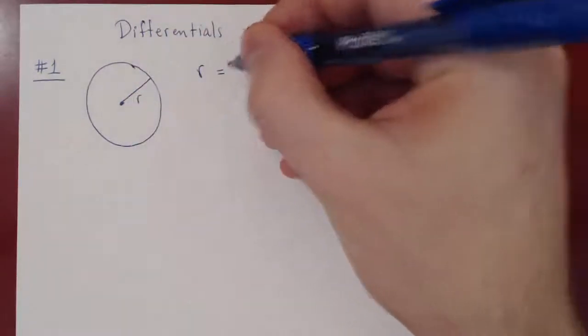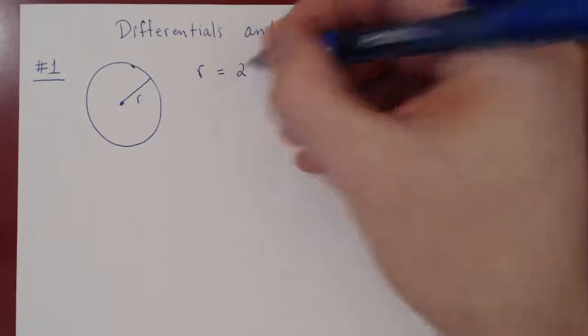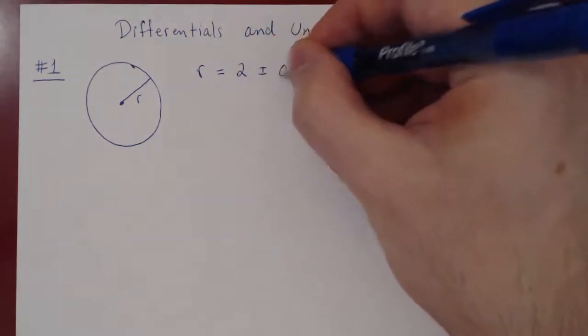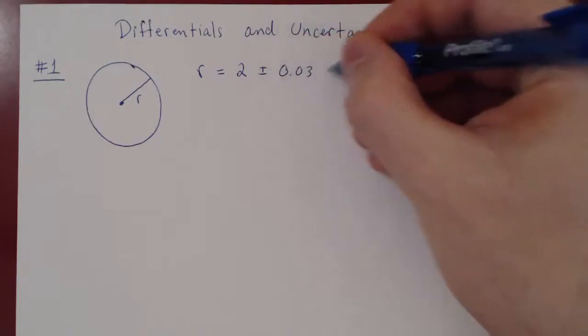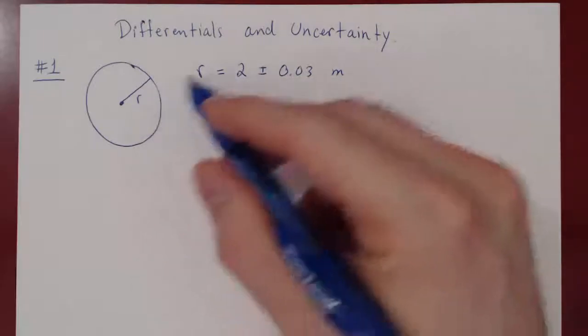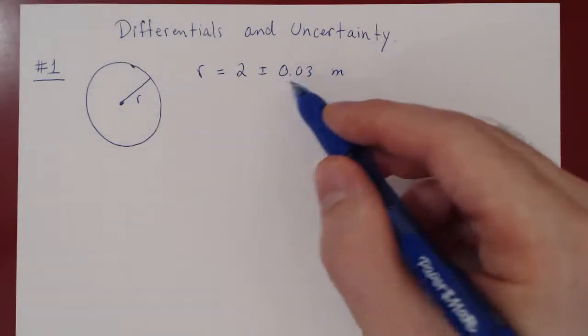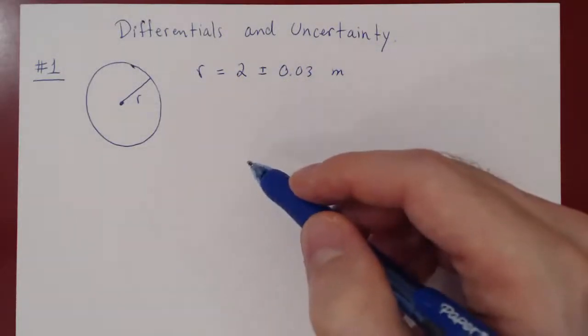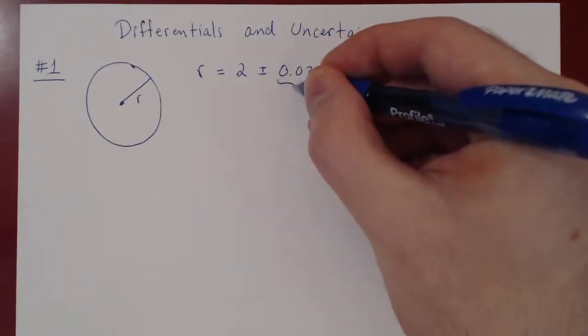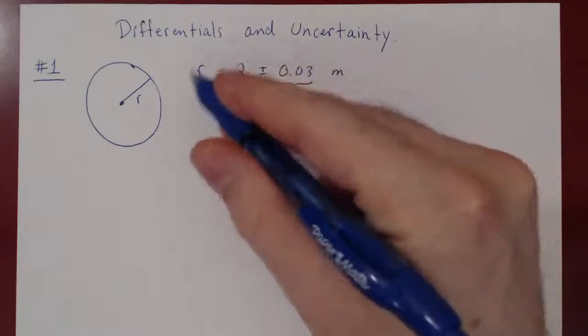And suppose we found a radius of, say, 2 meters plus or minus 0.03 meters. So we have now the length of the radius, 2 meters, with uncertainty, 0.03 meters. So this is the uncertainty, therefore this is the possible change in the radius, right?